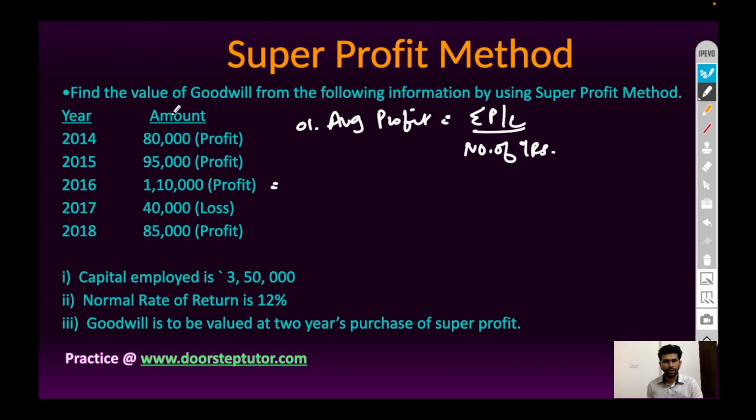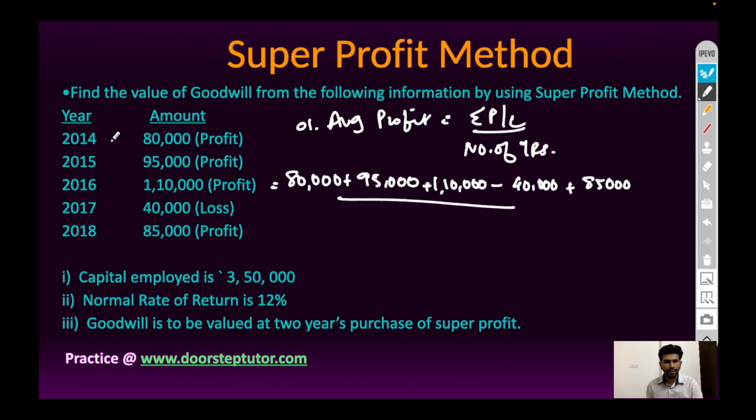So summation of all profit and loss: 80,000 plus 95,000 plus 1,10,000 minus 40,000 plus 85,000 divided by number of years, 5 years.